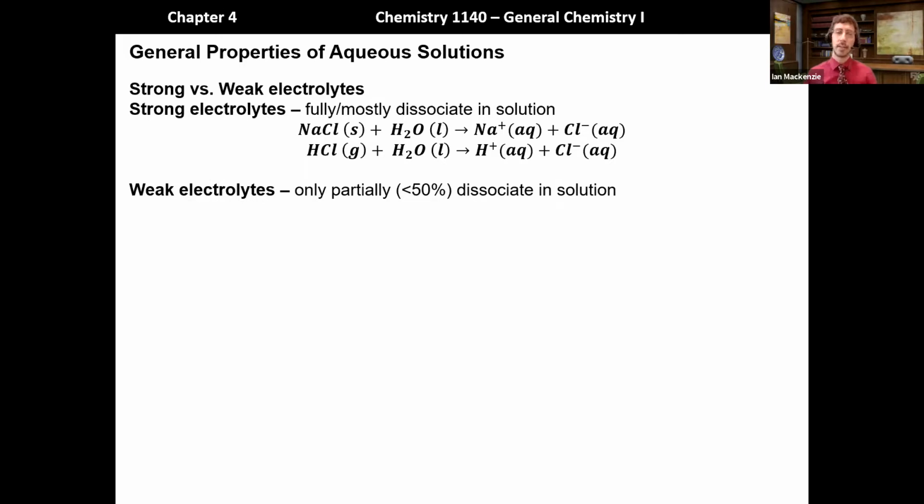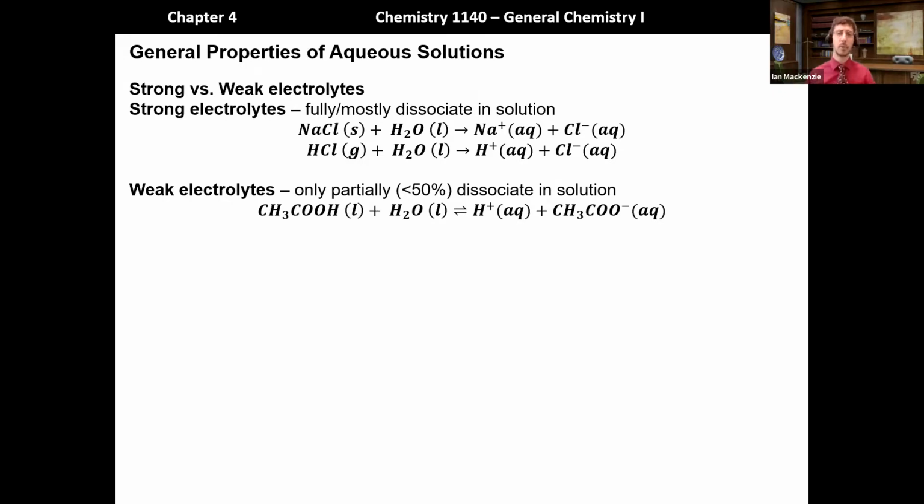Weak electrolytes, on the other hand, are compounds that only partially dissociate in solution. So these are going to be primarily just weak acids, molecules that are molecular compounds, not ionic, that have hydrogen acting as the cation, but only to a small degree, rather than breaking entirely up into hydrogen cation and then whatever the anion is.